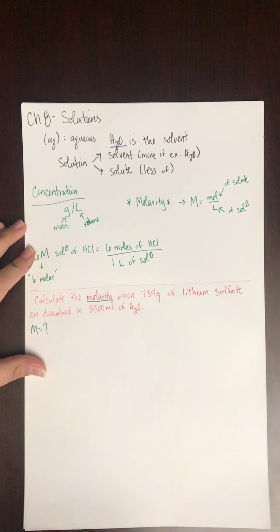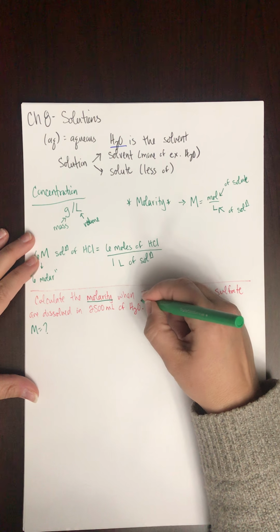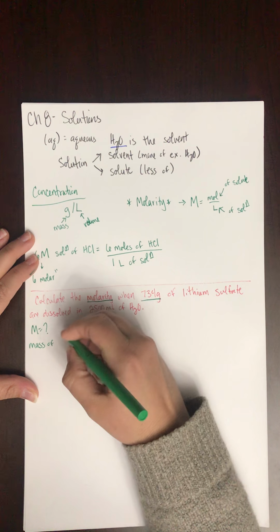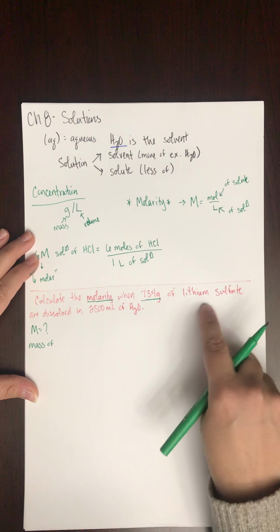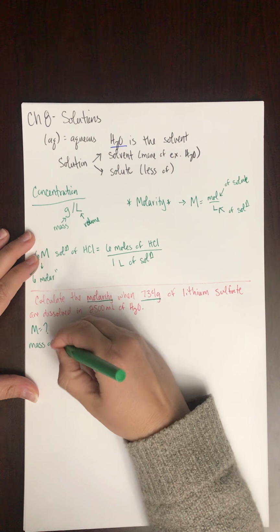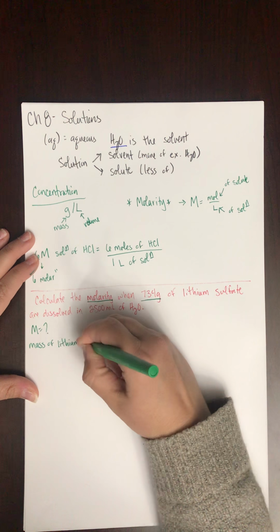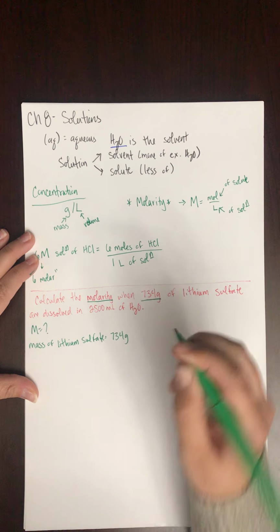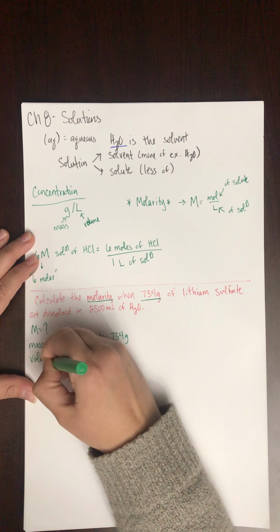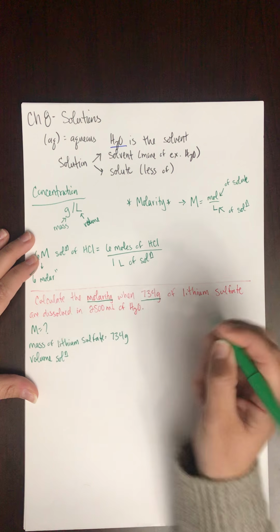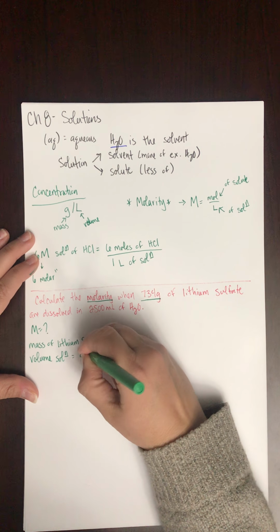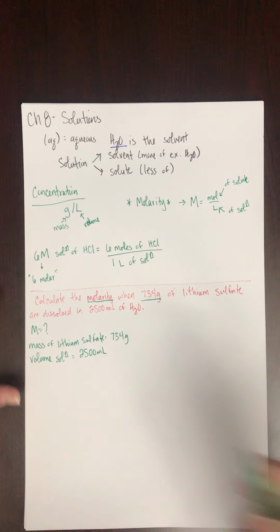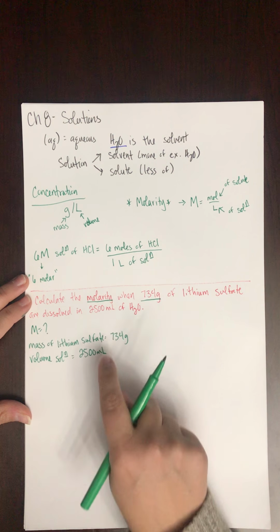What is the molarity when you have 734 grams, the mass of lithium sulfate, which we're going to need to identify what compound that is, and the volume of the solution is given to us as 2,500 milliliters. So we know that molarity is moles per liter.